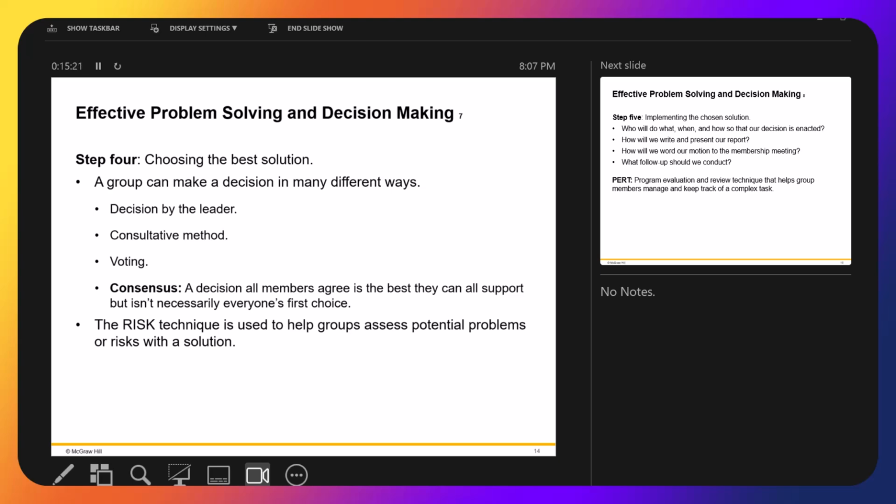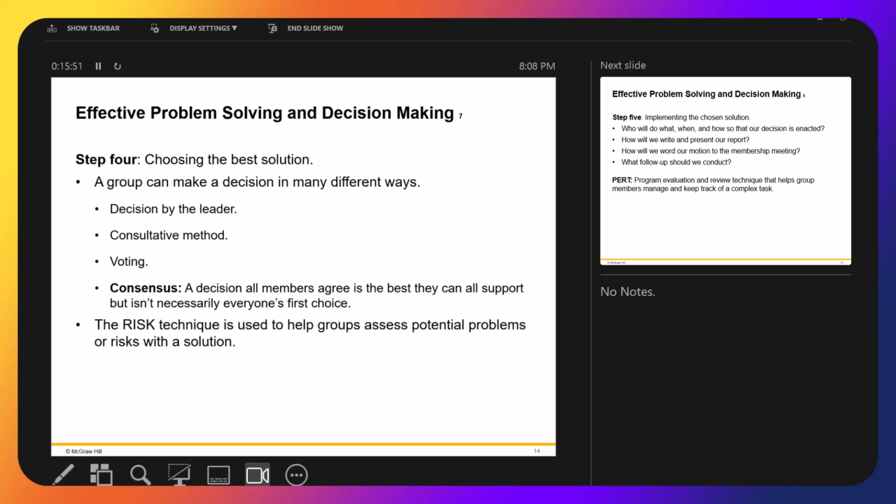And I've also seen it where they say, by show of hands, who would like to do it this way? And everybody must agree that whatever the vote is, that's what we would go with. And here's your consensus. A decision by all members that's the best they can all support, but isn't necessarily everyone's first choice. So there you go.